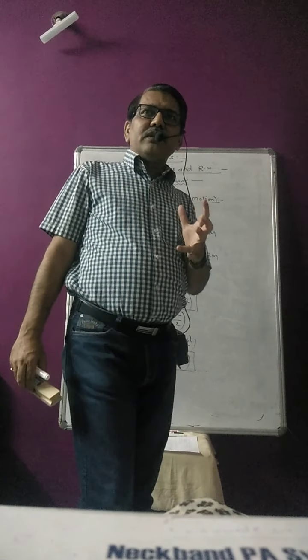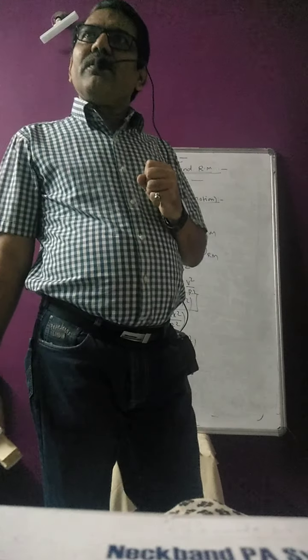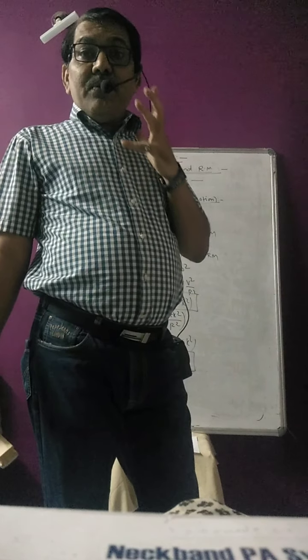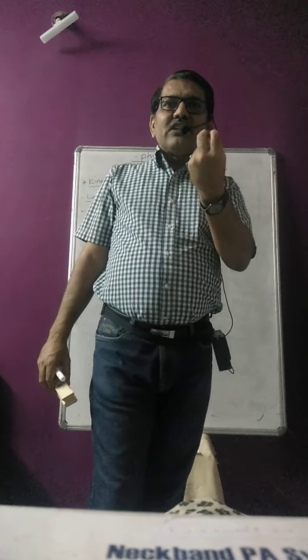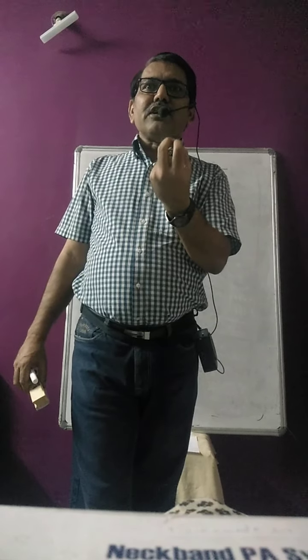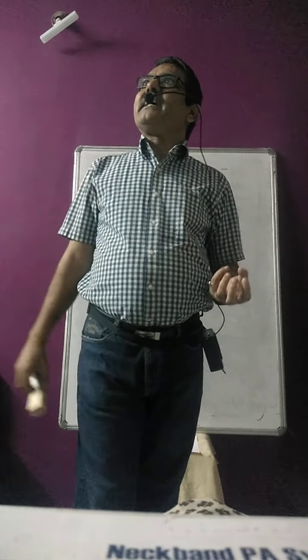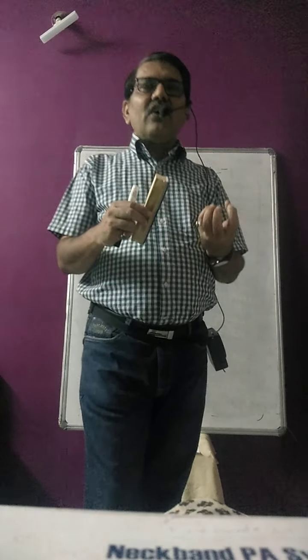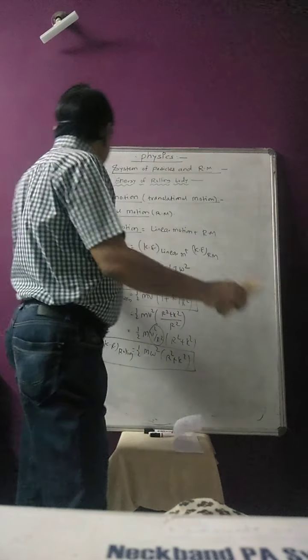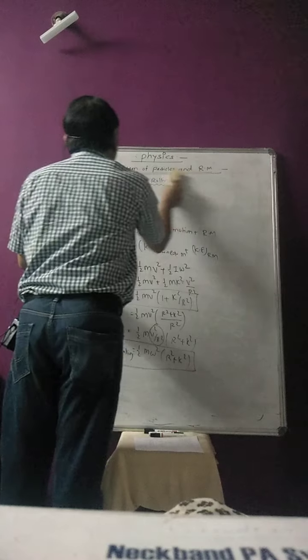First of all, you should remember the velocity of linear motion of that body plus the velocity of rotational motion of the body. If you combine both these velocities, you get the velocity of that rolling body.